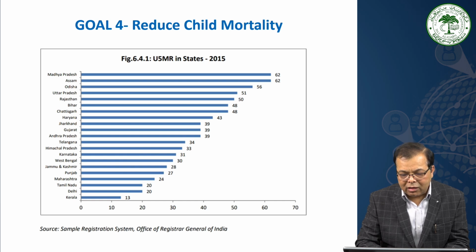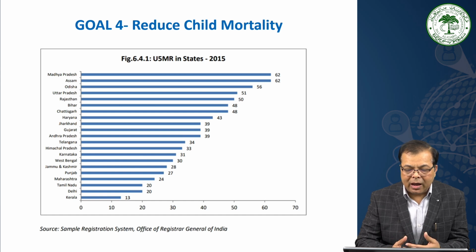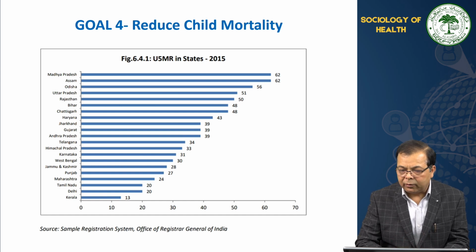Madhya Pradesh is followed, or at the same place is Assam, where the prevalence is also 62. Then we have Odisha, then Uttar Pradesh, then Rajasthan, and then Bihar. All these major states have poor performance in minimizing the under 5 mortality rate.